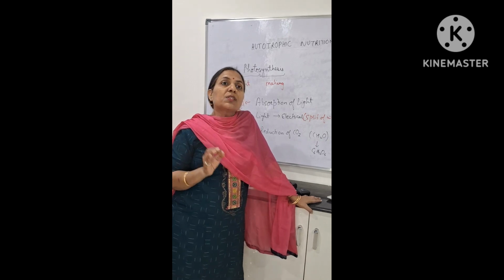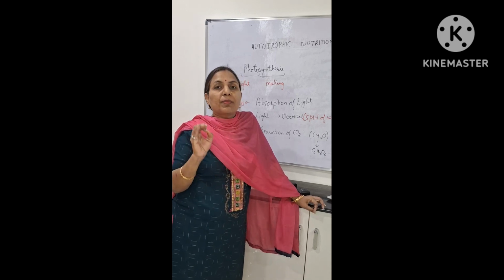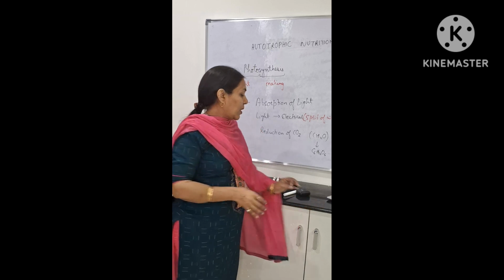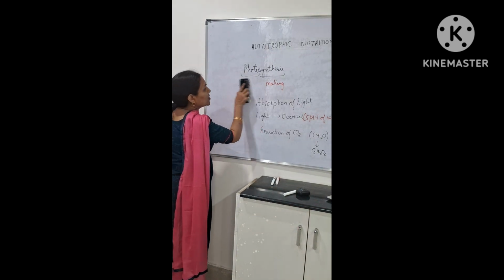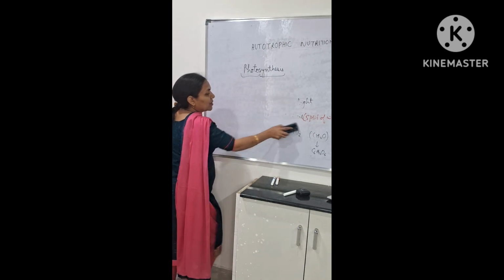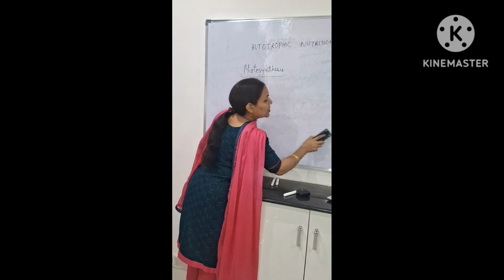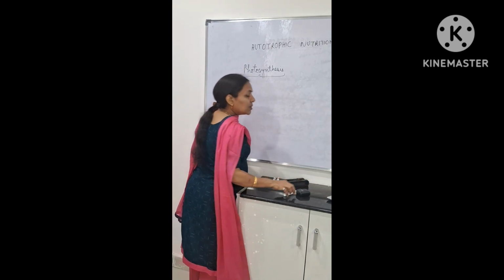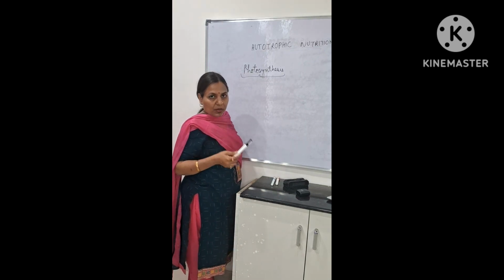So whether photosynthesis has occurred or not, we can check through a very simple starch test. Now what exactly is a starch test? A starch test is a test in which we check whether starch is present in the part of the plant or not.